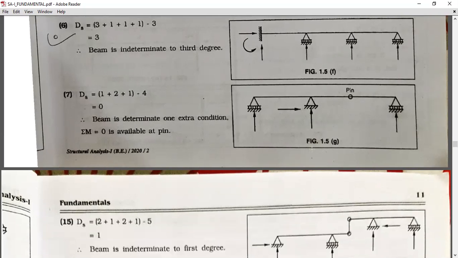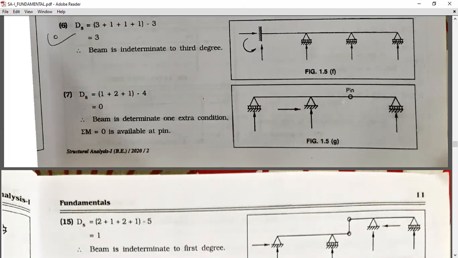Now, a more difficult structure. In this case, this is roller 1, simply supported 2, roller again 1, so 1, 2, 3, 4. 4 minus 3 is the equilibrium equation, and we also studied that for a pin and any roller, we can provide one extra equation for this.